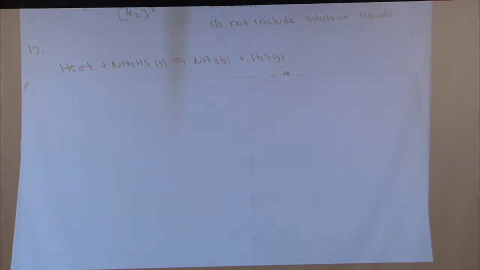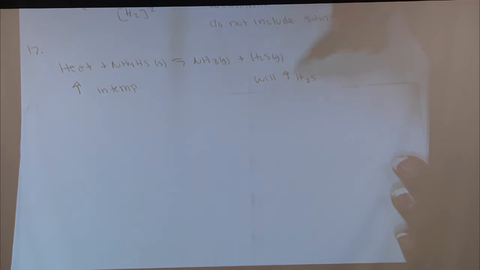So now let's look at C. C says an increase in temperature. Well, if we have heat on this side because it's endothermic, and we're adding more heat to this side, then the other side's going to want to balance out that seesaw. So therefore, the H2S will increase if we increase the temperature. Does everyone see that? Yeah?